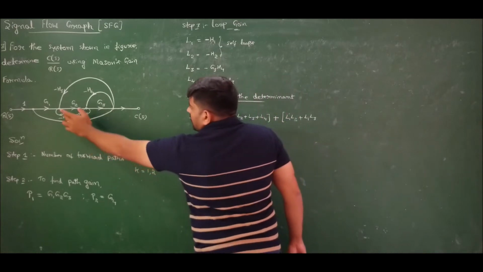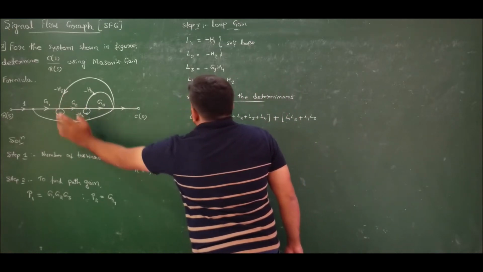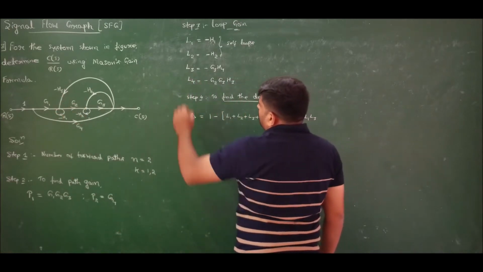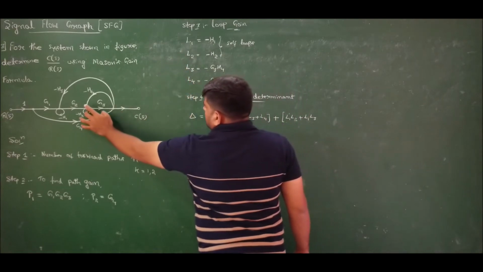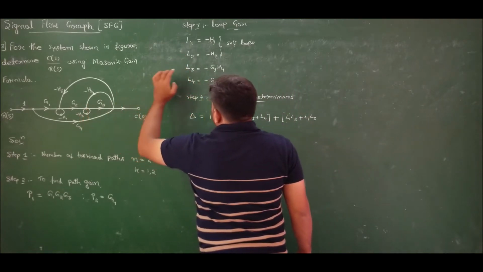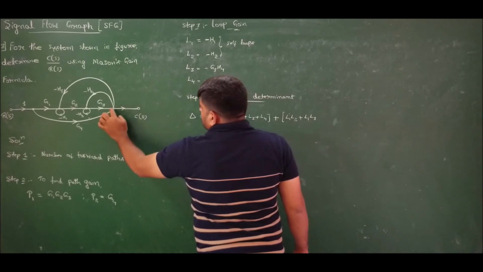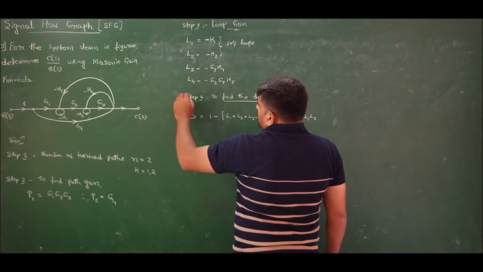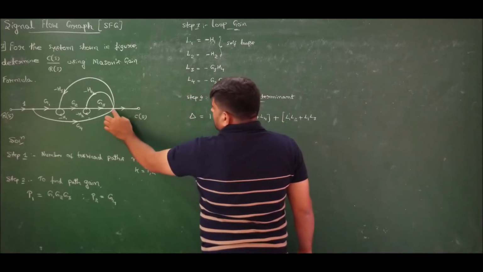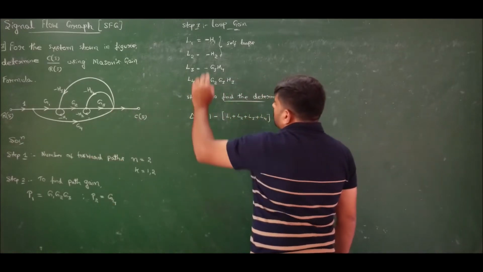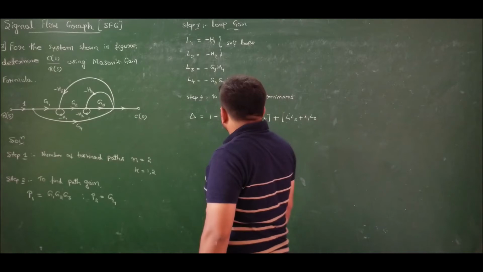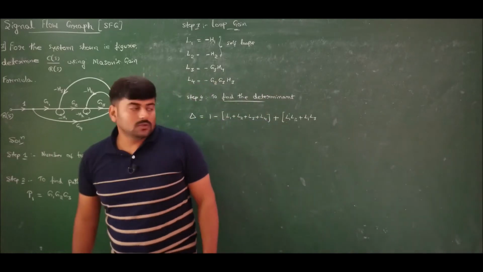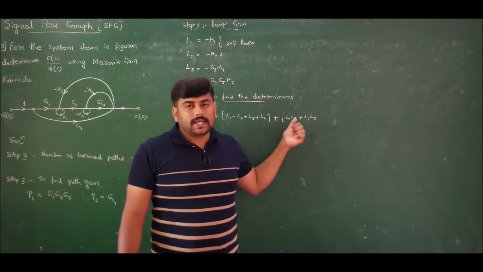Next, L1 L4 touch at this node. L2 L3 touch at this node. L2 L4 also touch at this node. L3 L4 touch at this node. So the only combinations of two non-touching loops are L1 L2 and L1 L3.